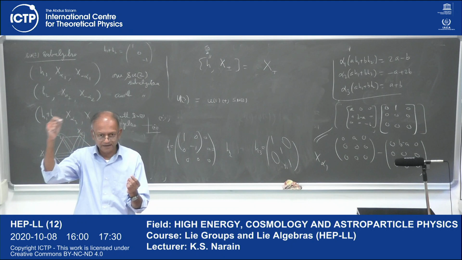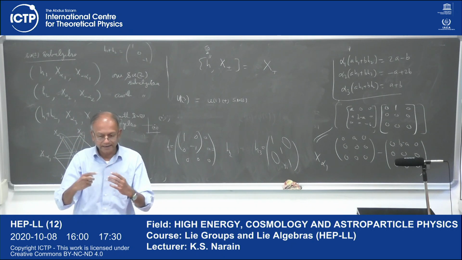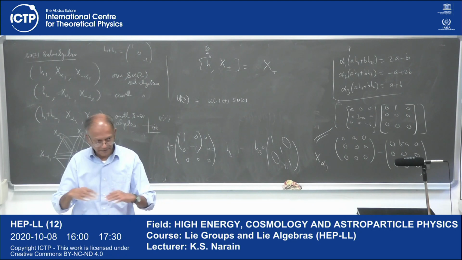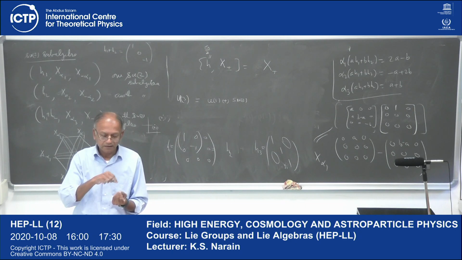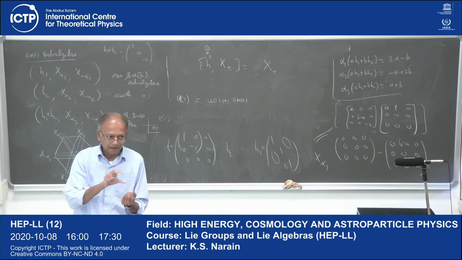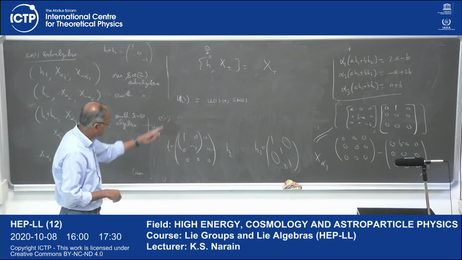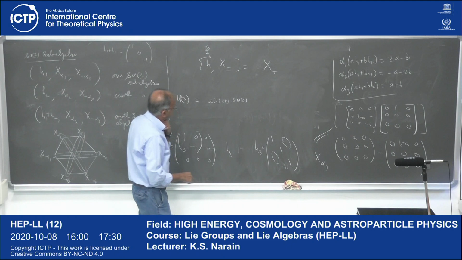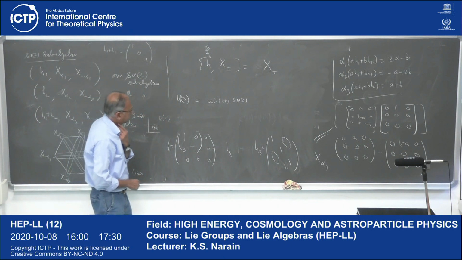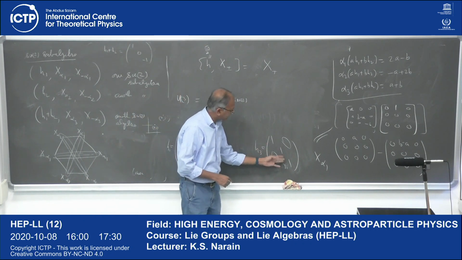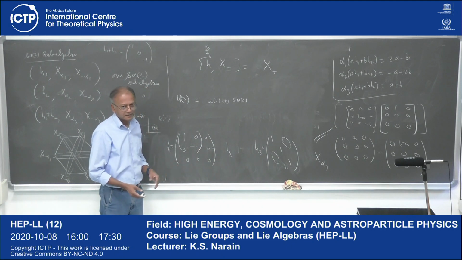So if I have a group G1 and a G2, and I take the direct product of the two, and then look at the infinitesimal version, that would give you a Lie algebra which is the Lie algebra of G1 direct sum the Lie algebra of G2. Even if you add it, it completely commutes with everything else.